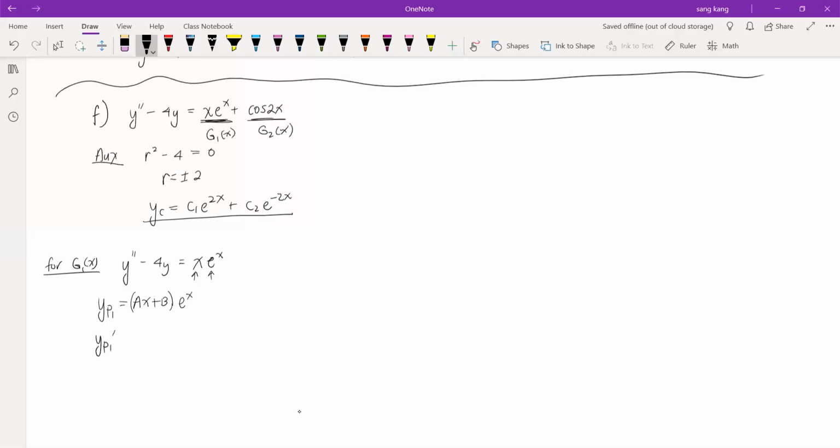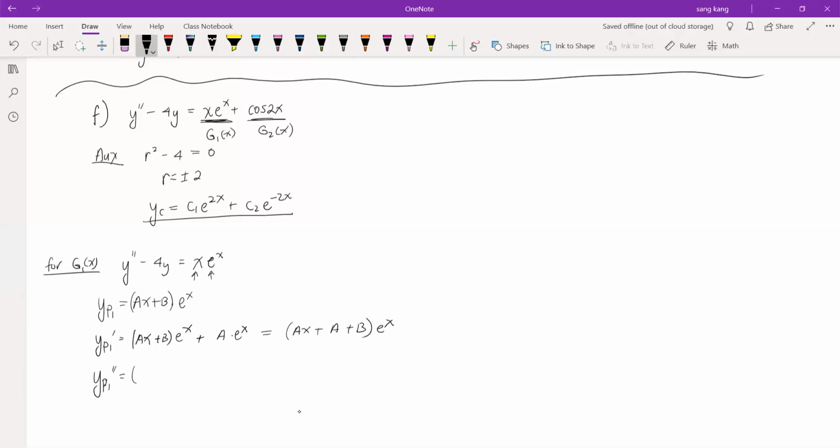So yp1 prime. This is going to be a product rule. So first times the derivative of the second plus derivative of the first times the second. Okay. I can simplify this and say ax plus a plus b times e to the x, right? Now yp1 double prime. So we'll take the product rule again.